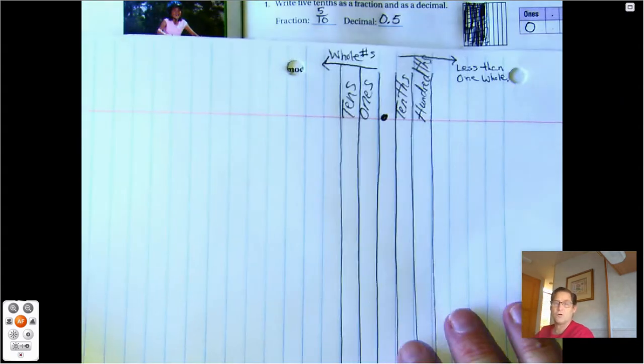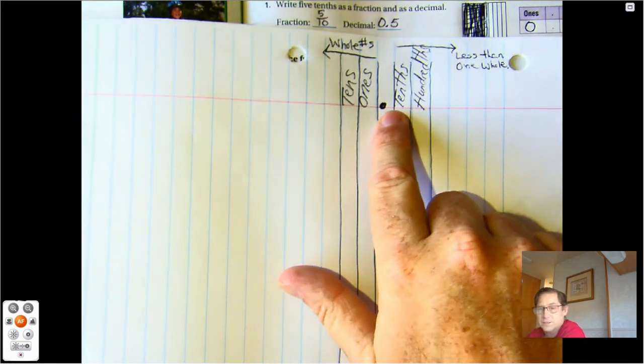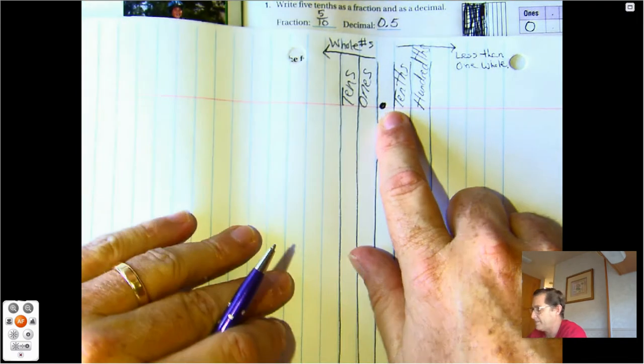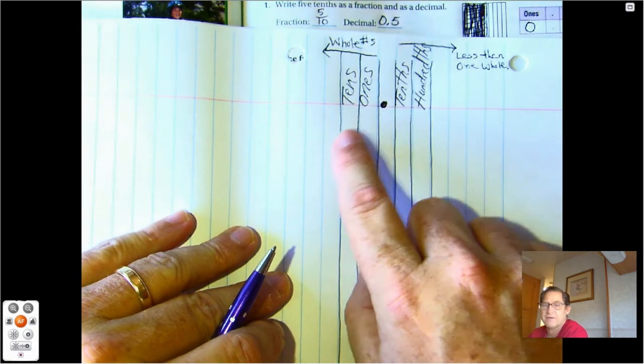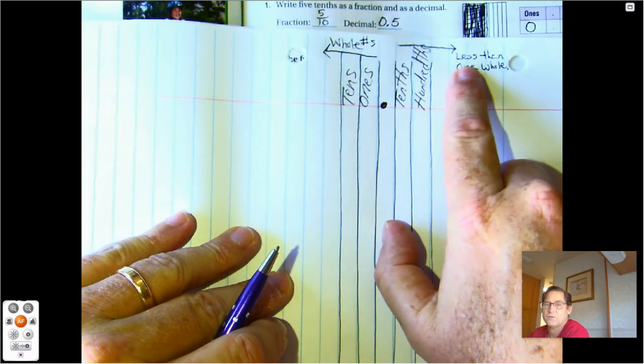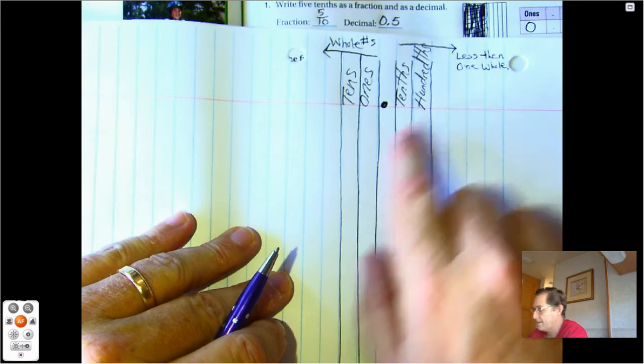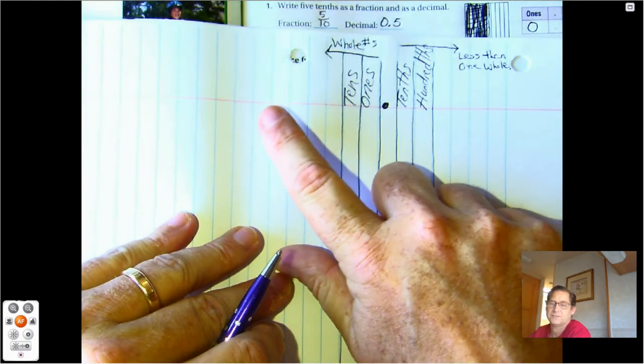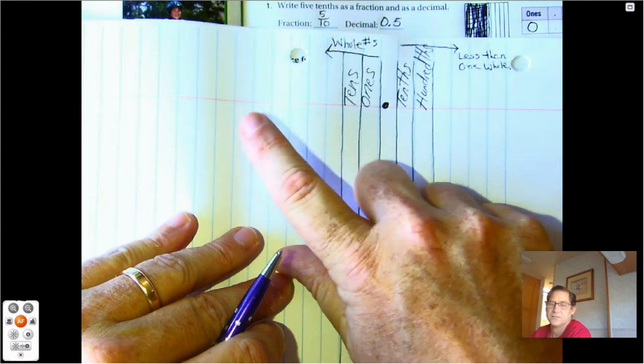Well, we can always use a place value chart. You might want to make one up for yourself to use. Our columns are the decimal point. To the right of the decimal point, we have tenths and hundredths. And remember, anything to the right of the decimal point is less than 1 whole. Then we would have ones, tens, hundreds, thousands, ten thousands, hundred thousands, and so on.